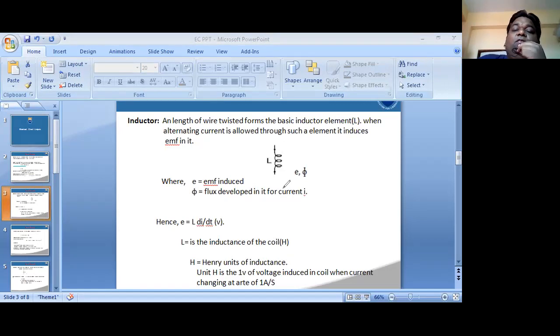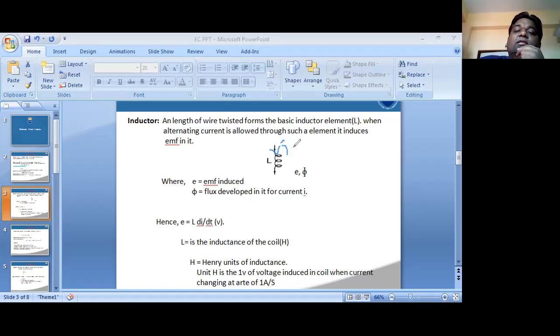Now let us see the working of this inductor element and its properties. When we allow a current I through this inductor element, as soon as current I flows through it, it develops the magnetic flux phi.